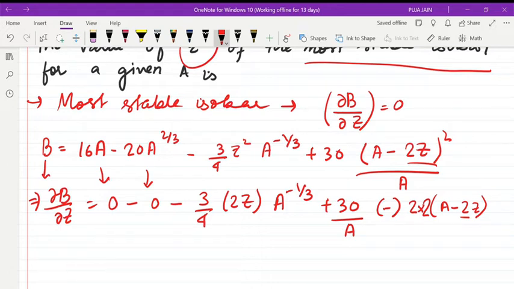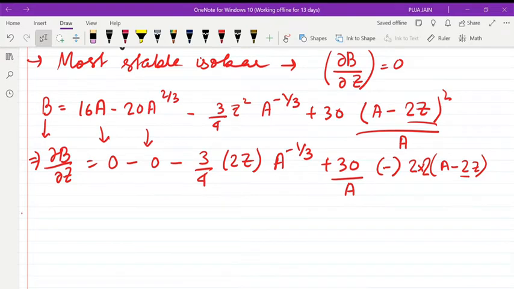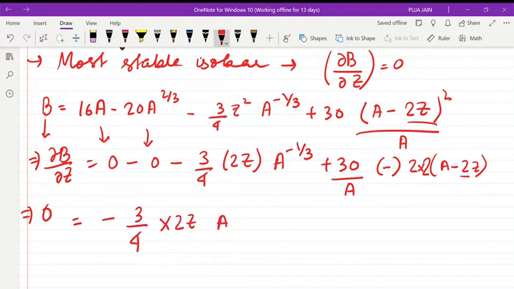Okay, so this is equal to 0. So minus 3 by 4 into 2Z A to the power minus 1/3 minus 4 into 30 by A minus 2Z.